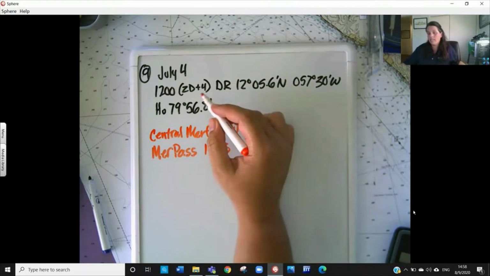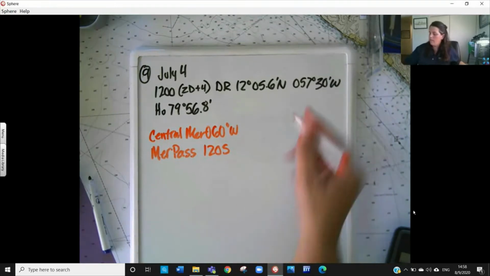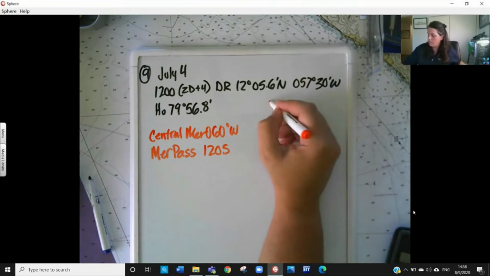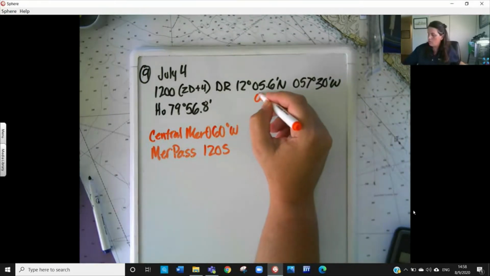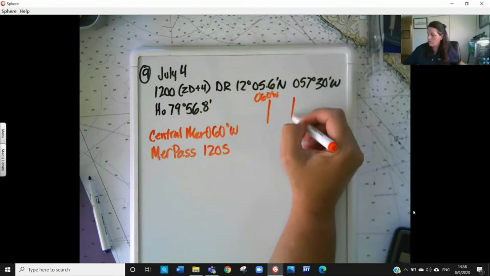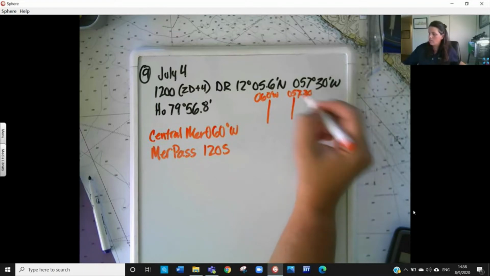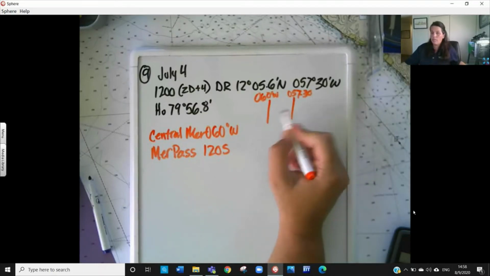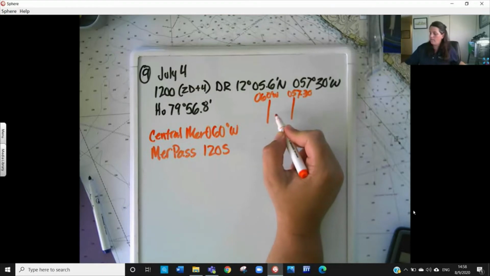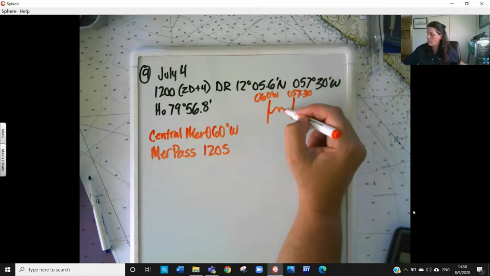That's 15 times 4. So if here's 60 degrees west, I am at 057 30. So it is going to pass me before it passes the central meridian. So we need to figure out by how much.